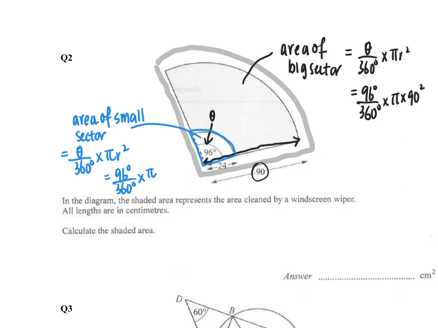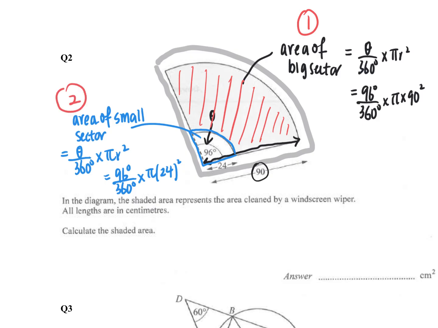But your radius is now, what's the radius of the small piece? 24. Okay, so how do you find this piece? The big one minus the small one.